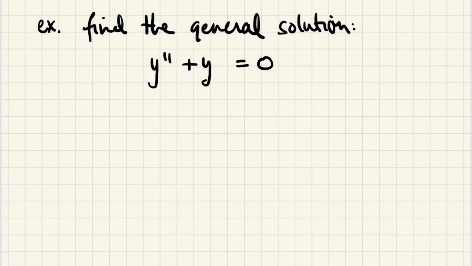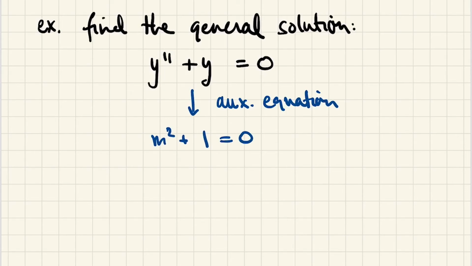All right, so let's put our attention back on this particular example that we know that sine is a solution to, but we got those e to the ix's when we approached it naively. So let's just approach this knowing everything we know. So let's find the auxiliary equation, which would be m squared plus 1 equals 0. So we get m is equal to plus or minus i. Now this can be written as 0 plus or minus i.